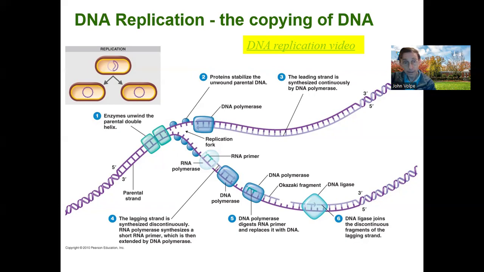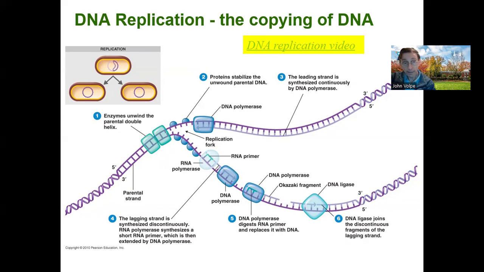So what it does is, let's start from this one here, it will bind to the template and then move backwards in a short stretch on the template, synthesizing the new strand of DNA in short batches. And these short batches are called Okazaki fragments, after the doctor who discovered them.